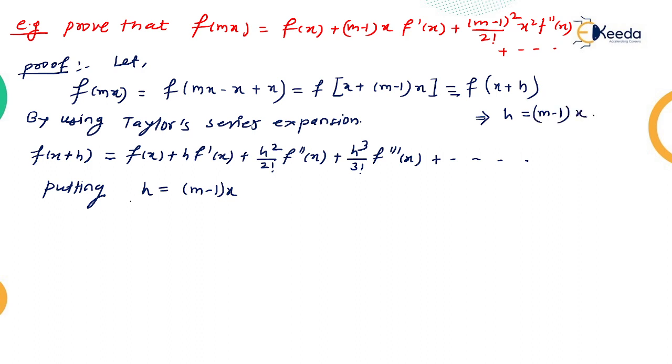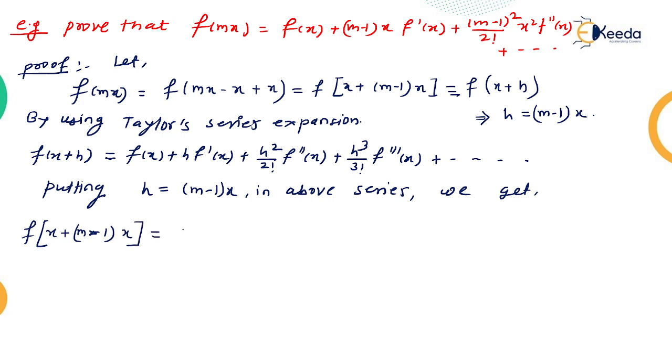Therefore, putting h equal to (m minus 1) into x in the above series, we get f of x plus (m minus 1) into x, which is f of mx.